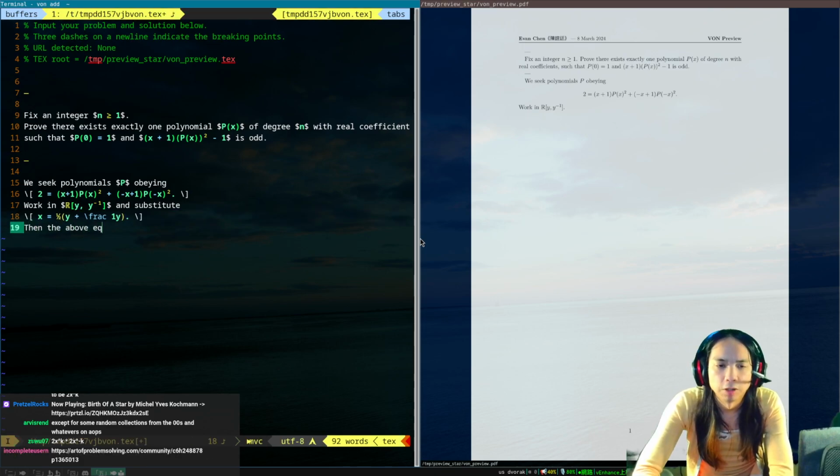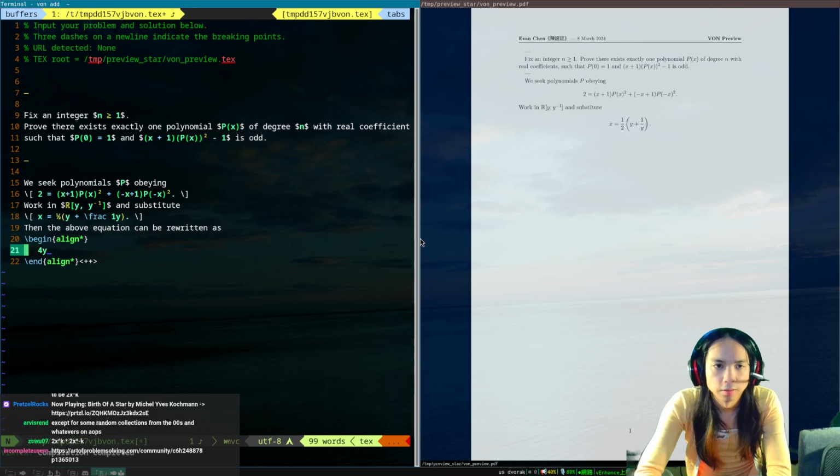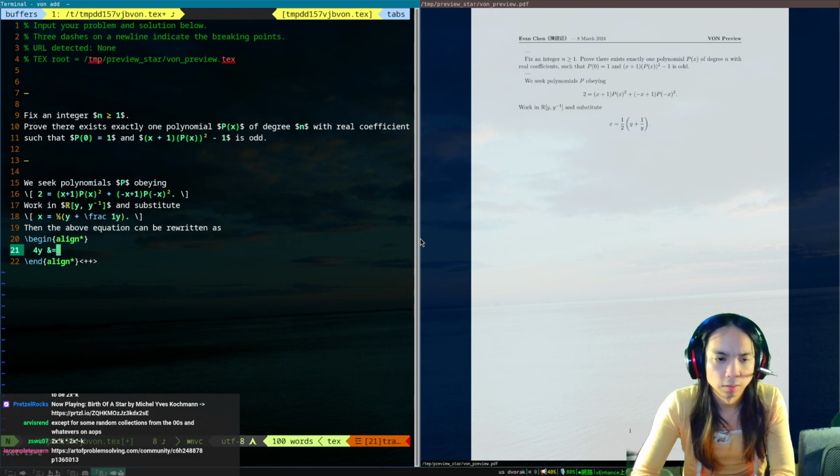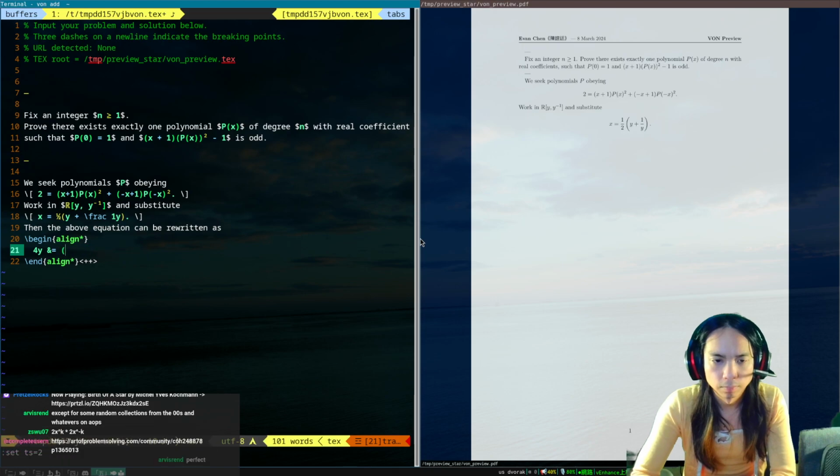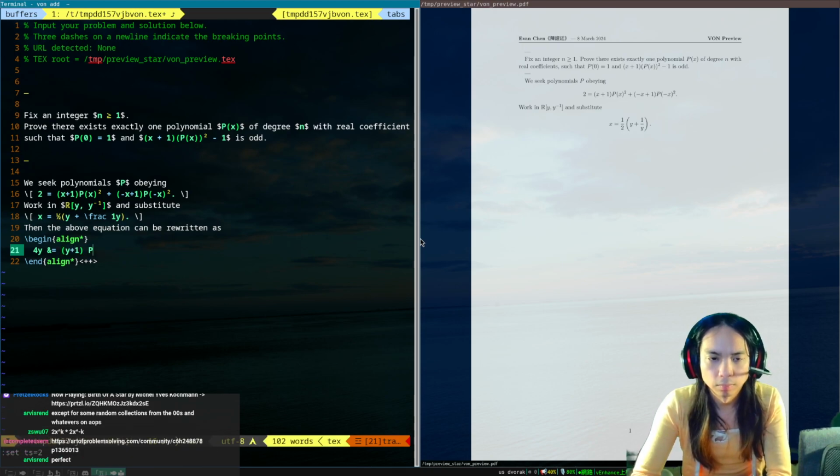Then the above equation can be rewritten as 4y is equal to... let me do this step a little more explicitly.